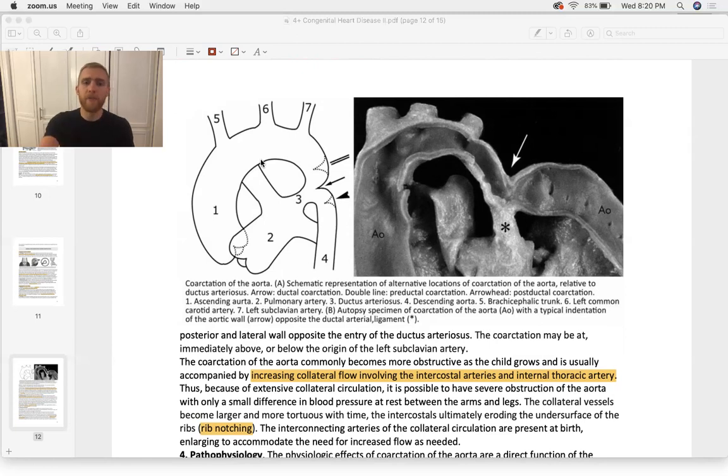So that's what happens if you have a preductal coarctation. It'll present in childhood. Now, what if you have a postductal coarctation? Well, you're just going to continue as usual, and you won't see any acute presentation of symptoms, because it's not like anything's really changed when that ductus closes.